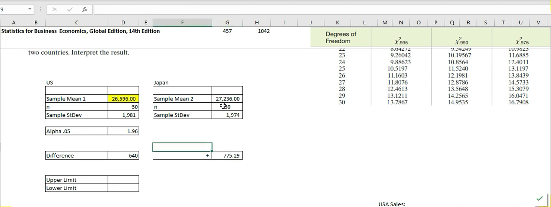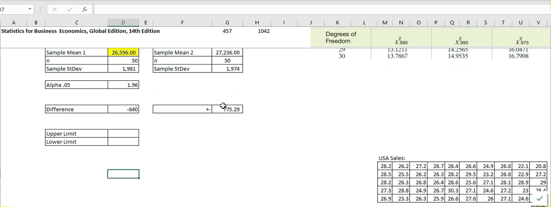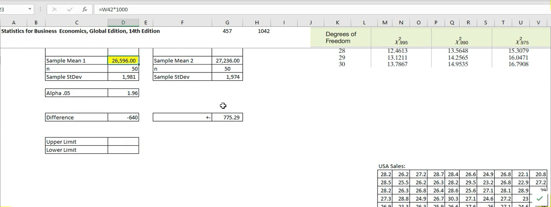Now that we have this, we will figure out what's the upper limit. So we have negative 640. Since this is positive and then negative, first we will use the positive. That's the lower limit, and this is the upper limit.